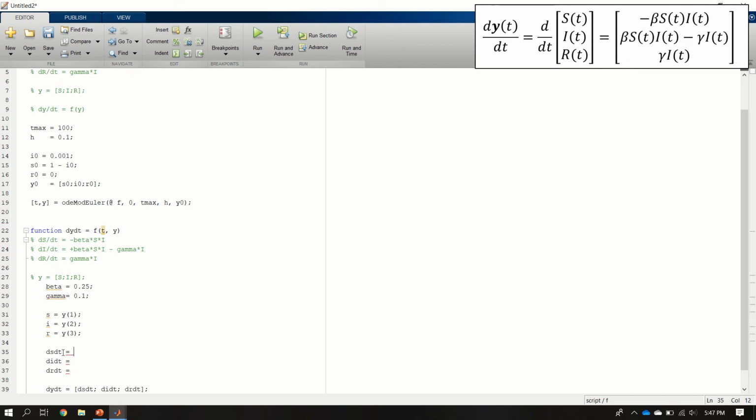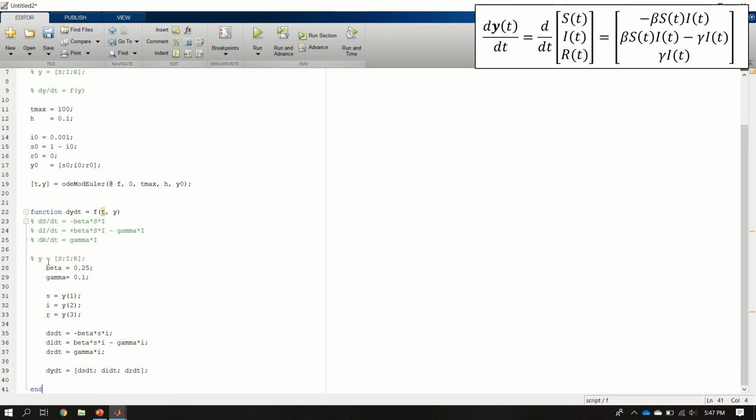The only thing that's left for us to do in this function f here is to define the ODEs, so the right-hand sides of the differential equations. So dS dt, well, that's minus beta times S times I. dI dt, that's beta times S times I minus gamma times I. And the dR dt, well, that's gamma times I. Okay. So that should do it.